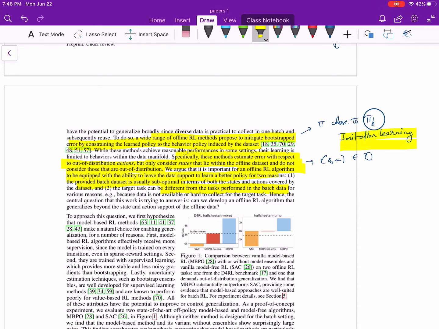So that is why we ask: can we develop offline RL algorithms that generalize beyond the support of offline data?